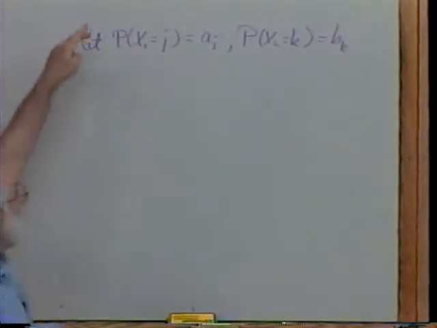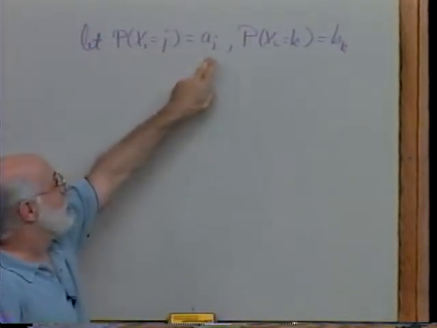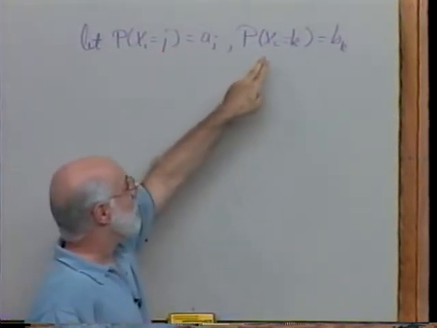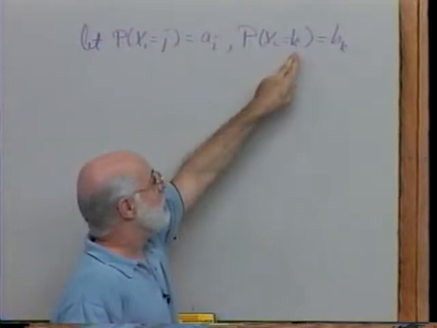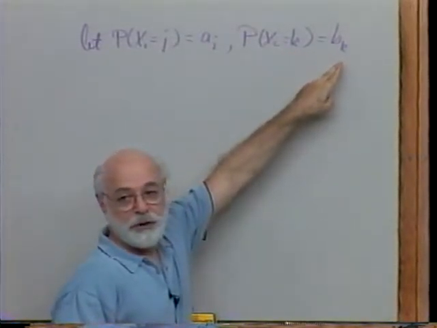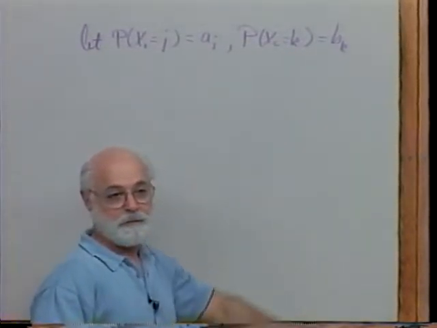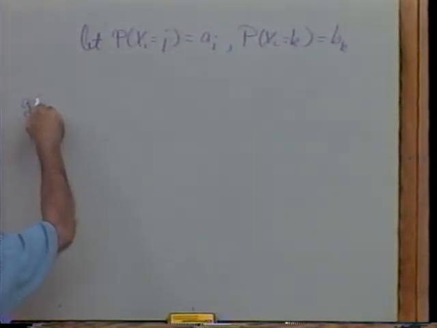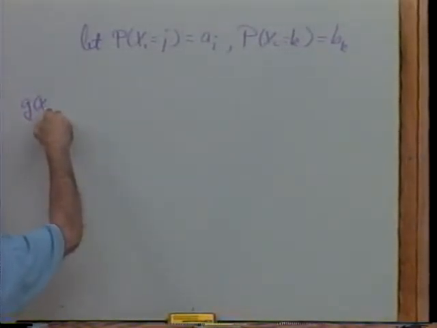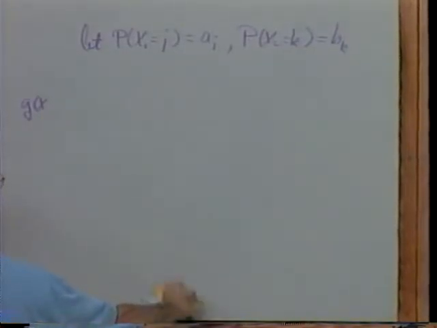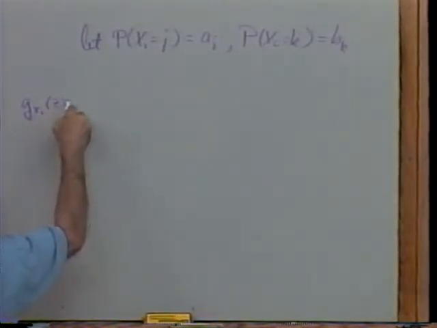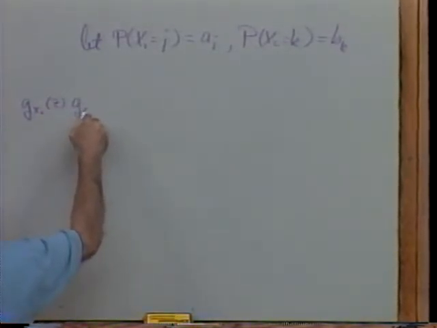So my random variable x1 has probabilities a0, a1, a2, a3, and my random variable x2 has probabilities b0, b1, b2, and so forth. Okay, so I'm going to multiply the generating function for x1 times the generating function for x2.